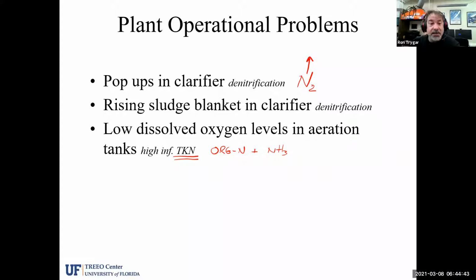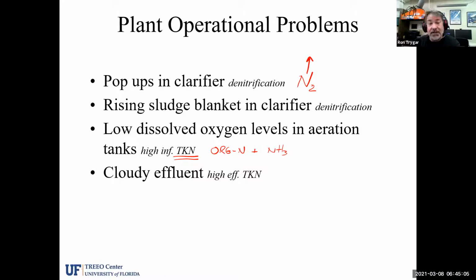So if we have a high demand on oxygen in our aeration tanks because of a high amount of TKN, or organic nitrogen and ammonia, coming into the treatment plant, then we can obviously have problems downstream of the aeration tank. If it's tough to maintain DO in the plant, then we may not actually do all the treatment that we're hoping to do in the treatment facility.